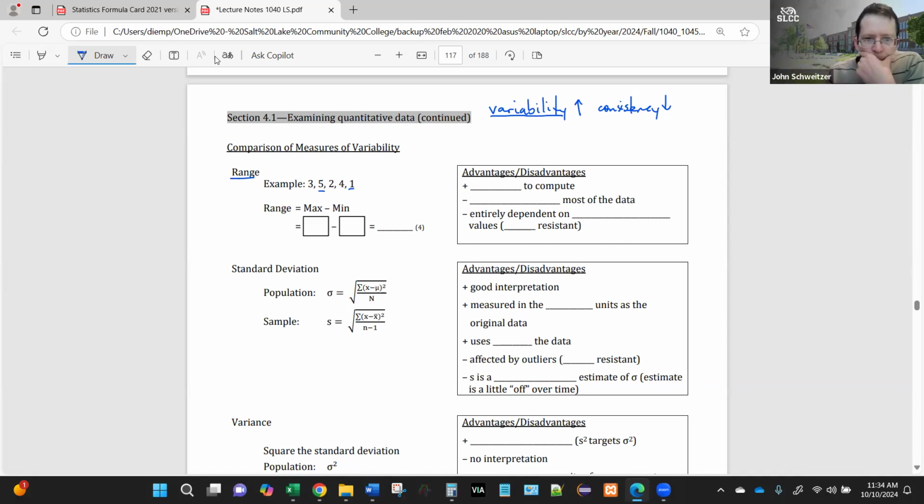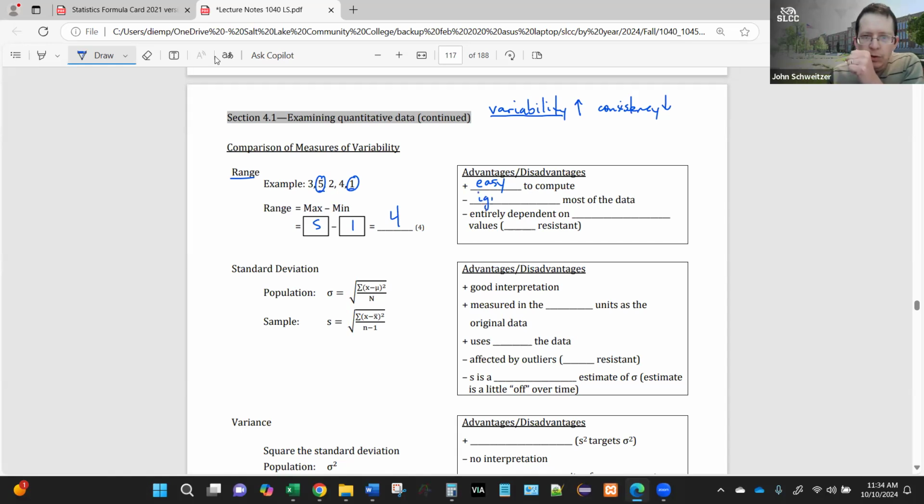One is the range, and the range is pretty much what it sounds like. You take the maximum value in the data set and you subtract the minimum and you get the range. So that means in this small data set here, it ranges over 4 different values or 4 units. It's very easy to compute, but it does have some significant flaws. It does not use most of the data.